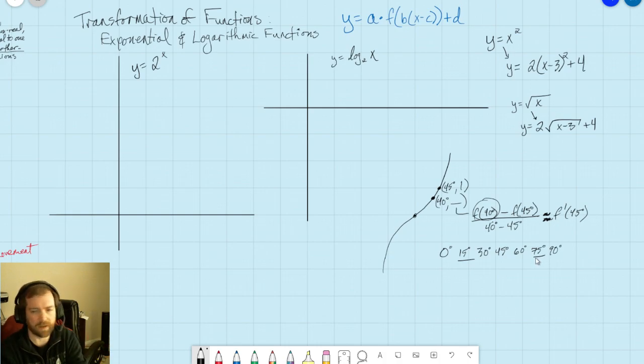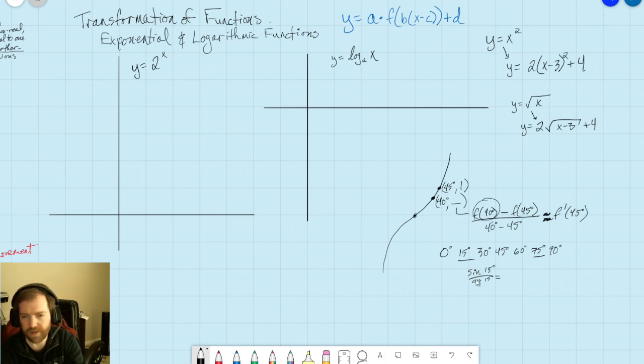It just takes a minute, because this is going to be the sine of 15 over the cosine of 15. And I know that the sine of 15 is calculated using either a half-angle formula or a sum and difference formula.